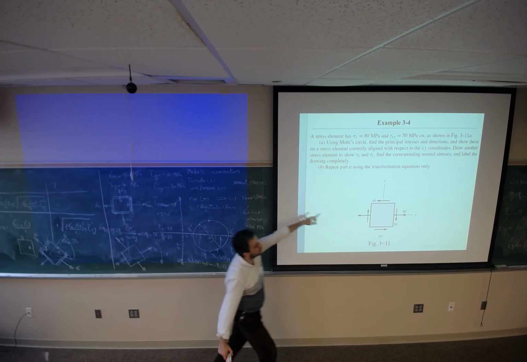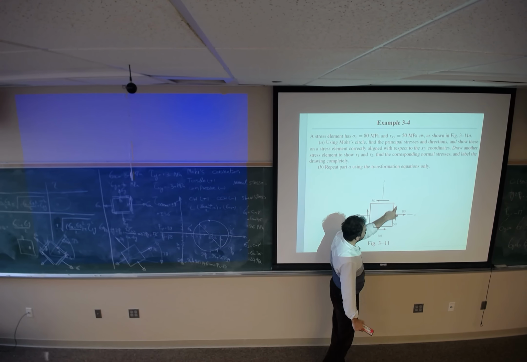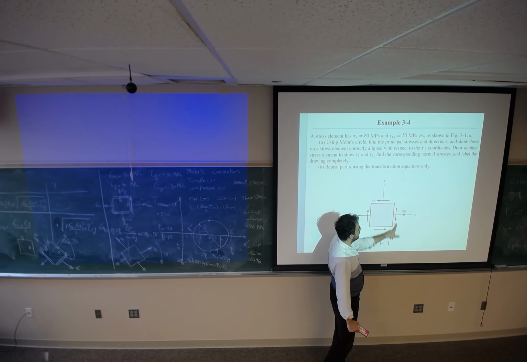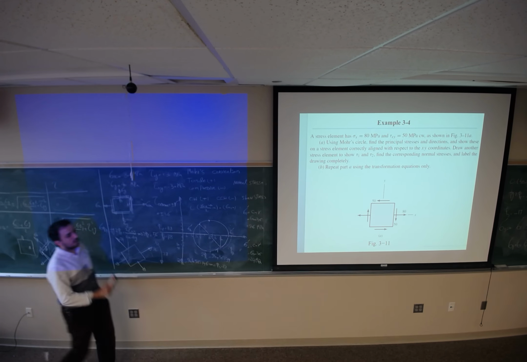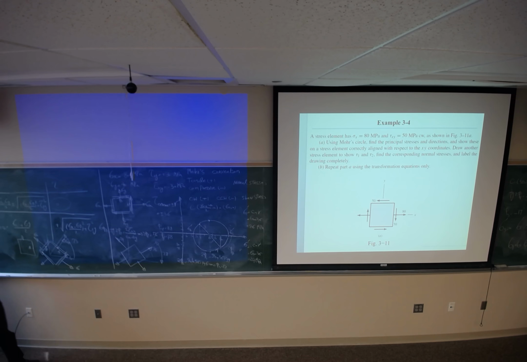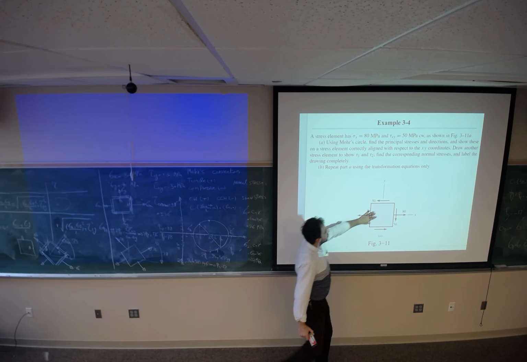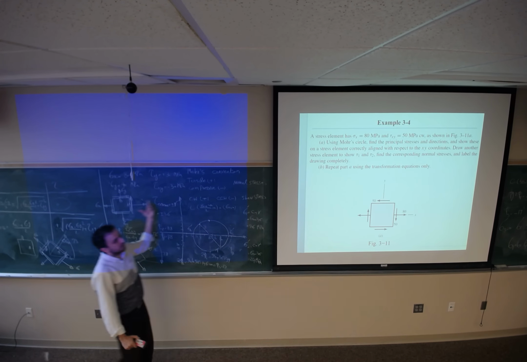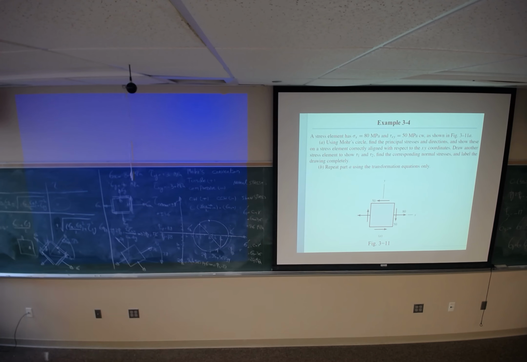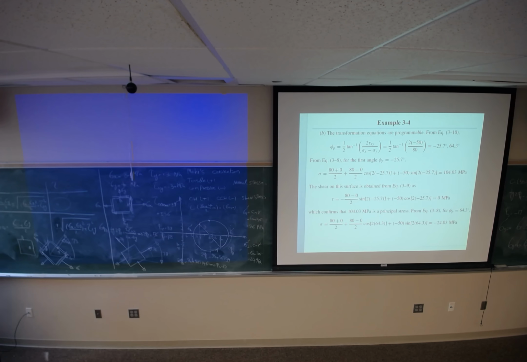As you see, if it says clockwise, you should put the arrow on this plane in this direction. If you put the arrow in this direction, the other arrow's direction is going to be determined. So the first plane is important. It's asking you to find the principal stresses and principal direction using the Mohr circle and this transformation equation. I'm not going to go through this example. I'll just leave it for you.